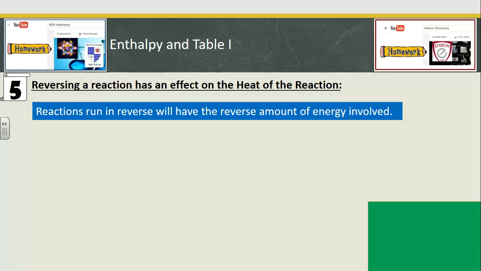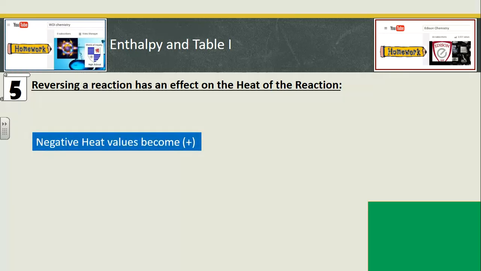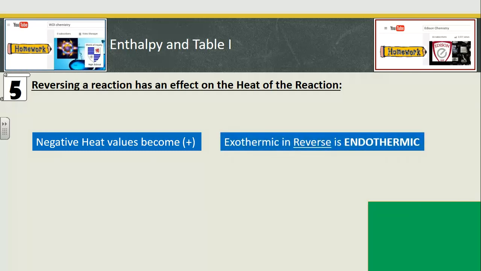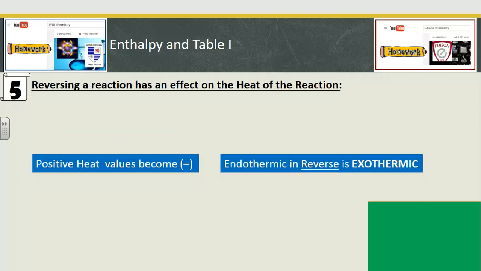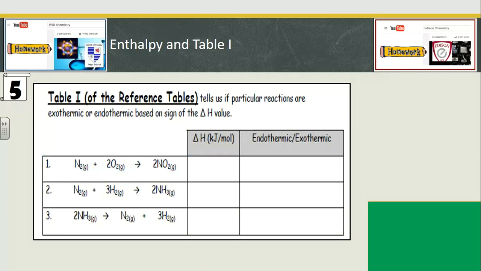So the magnitude of the delta H isn't going to change, but the sign does: negative heat values become positive, and positive heat values become negative. So exothermic in reverse is endothermic, and endothermic in reverse is exothermic. So that's how table I is kind of working.